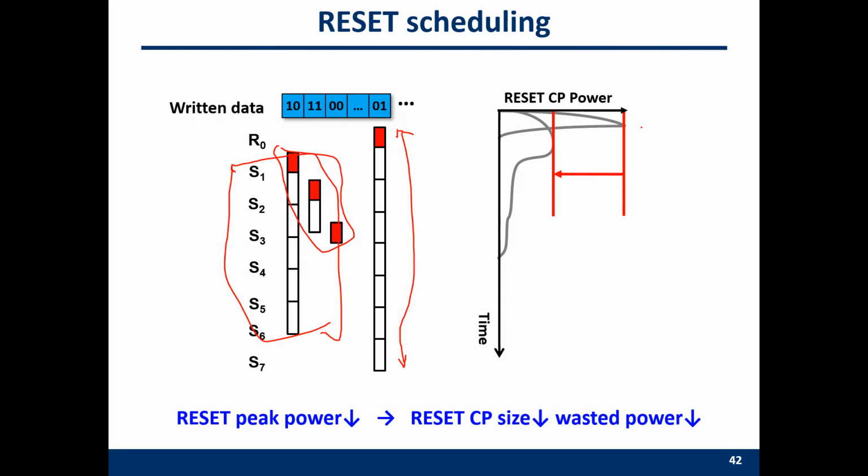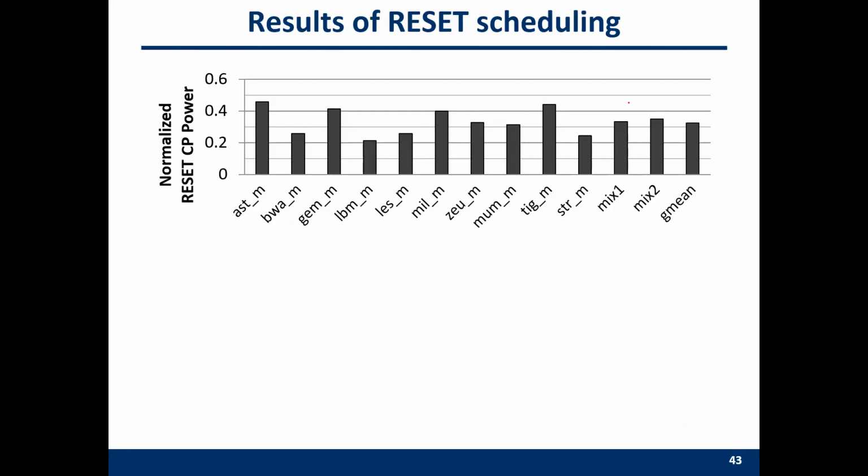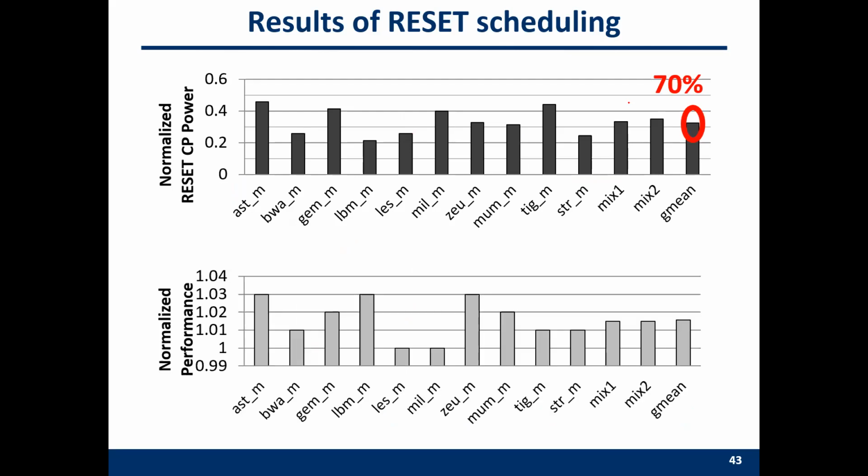So in this way, we can reduce the size of the reset charge pump for free without prolonging the latency. We can reduce the size of the reset charge pump by 70% without huge performance overhead.